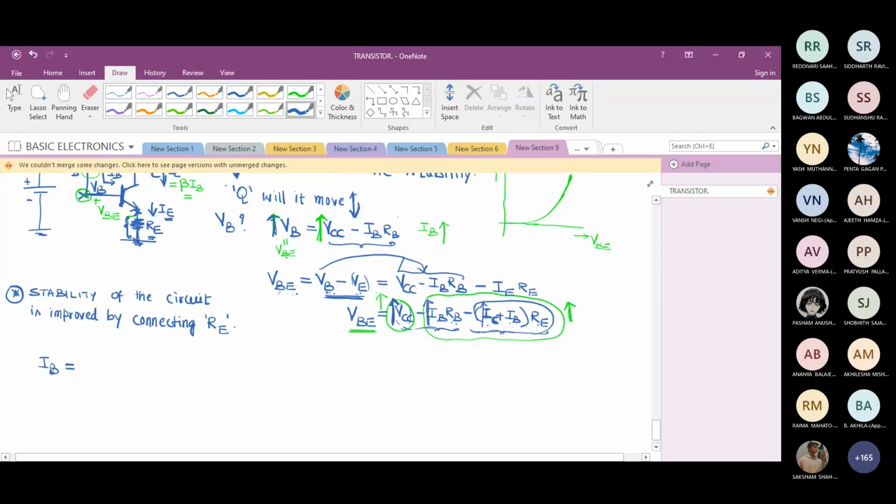What should I write for IB? Will it be VCC minus VB divided by resistance RB? Look at the circuit and tell me.